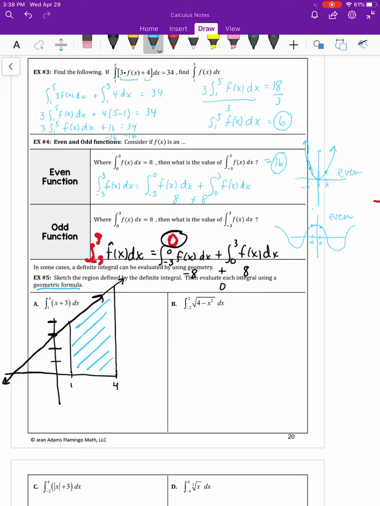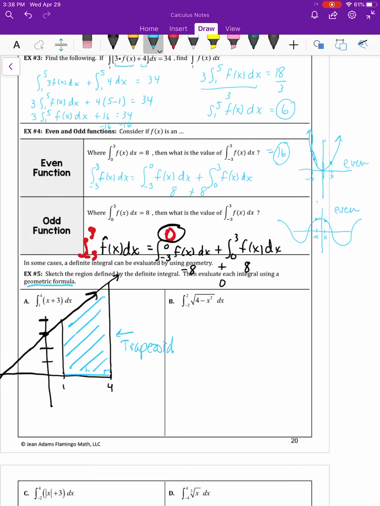They're saying you're going to use a geometric formula to find that area under the curve, because we know that the integral from 1 to 4 of x plus 3 is the area under the curve of this linear function. We know this is a trapezoid, right? And look, here is the height of your trapezoid, which would be 4 minus 1, which would be 3, right? That's the height of your trapezoid.